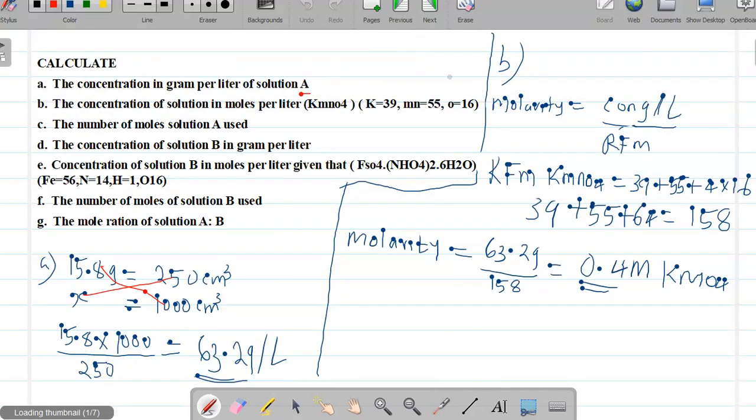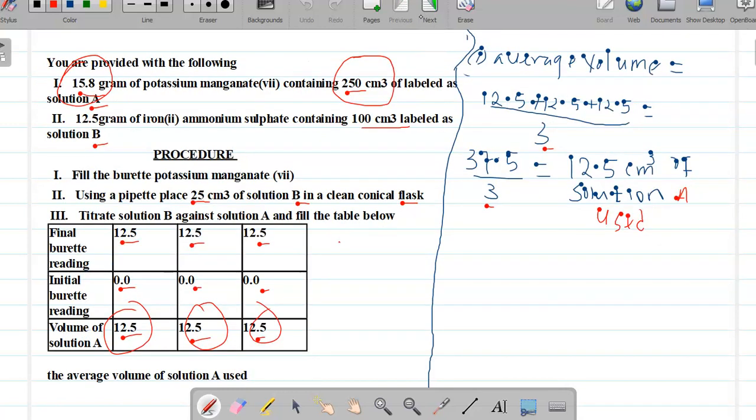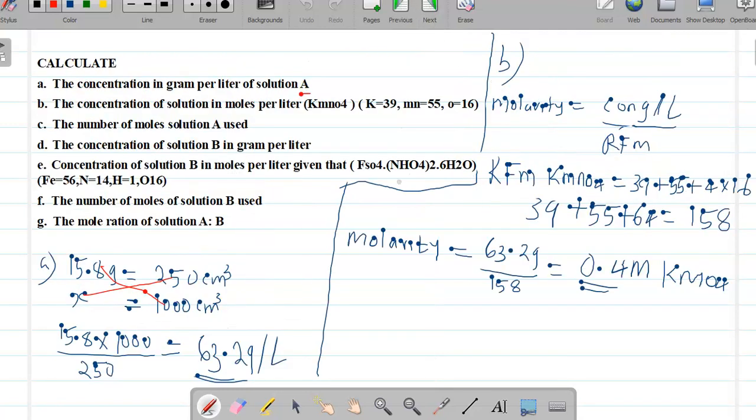To calculate the concentration in gram per liter, it is very simple. 15.8 gram, which is the mass of solution A, is in a total volume of 250 centimeter cubed. What about 1000? You cross multiply: 1000 multiplied by 15.8 divided by 250. Then you get 63.2 gram per liter. This is the concentration in gram per liter of solution A. That's how you answer part A.